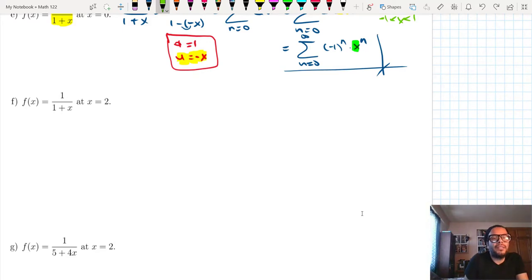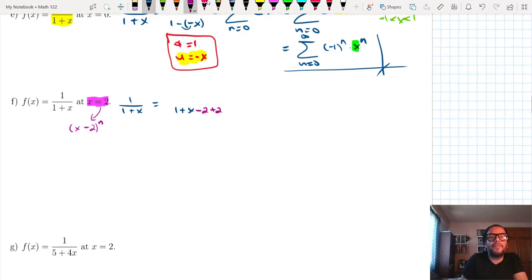Okay, letter F, let me write down the function again, 1 plus x under 1. But in this case, notice something. We want the series centered at 2, not at 0. So this implies that we are going to have some x minus 2 to the nth power eventually. But I don't see that x minus 2 in our function, but we are going to make this happen. I'm going to write then 1 plus x minus 2 and plus 2.